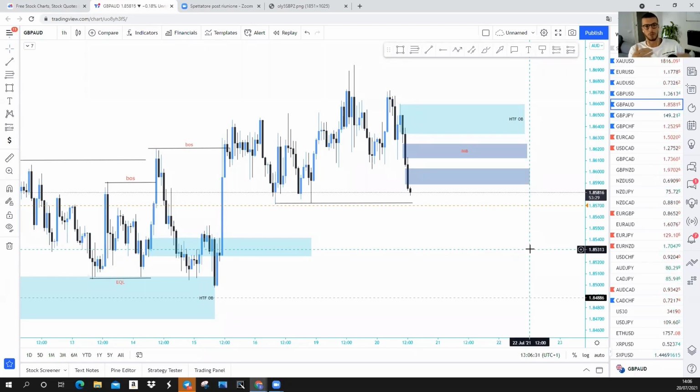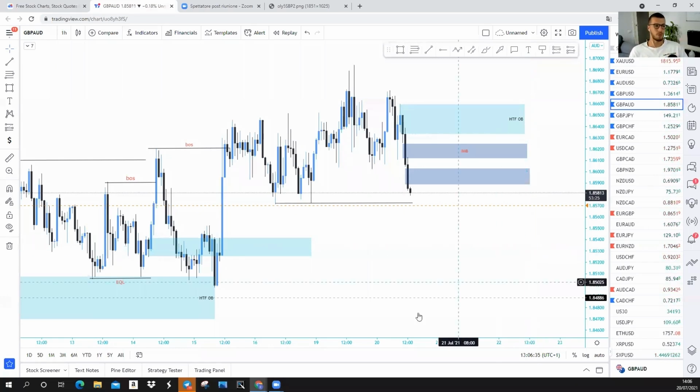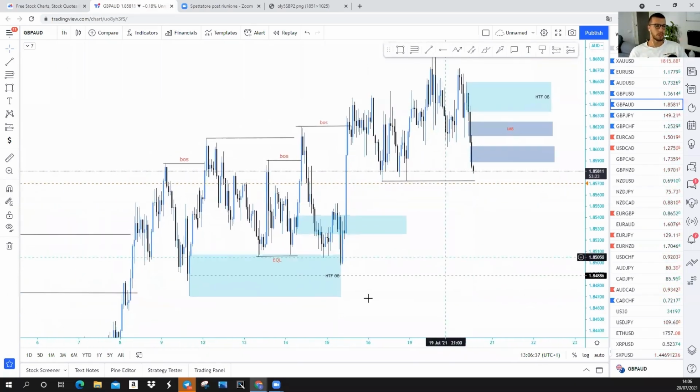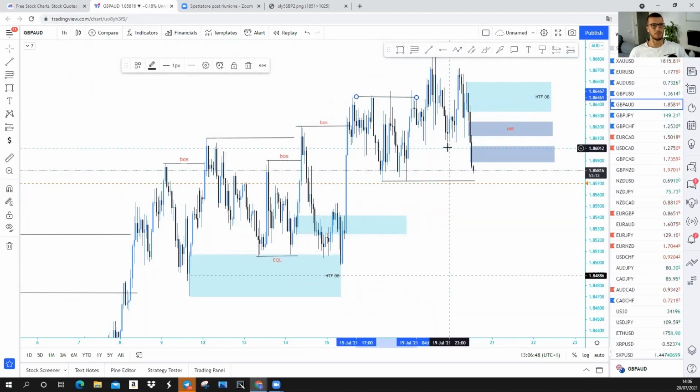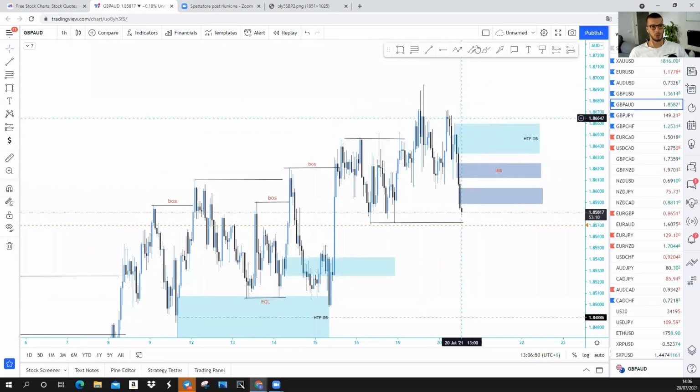Depending on where we have the breaks of structure, we understand the direction of the market. So here we were breaking the structure to the upside, breakout structure, retracement, breakout structure, retracement, breakout structure, retracement, another breakout structure right here to the upside, retracement, and then we didn't continue. We failed to create a new higher high.